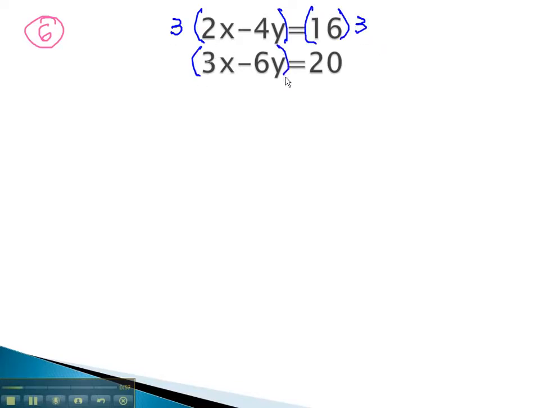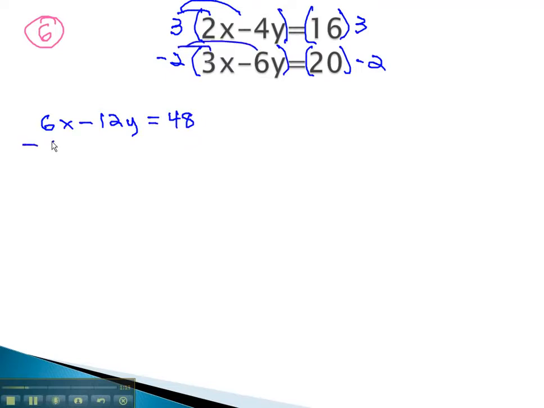To get negative 6x, we can multiply the second equation by negative 2 on both sides. As we do, we end up with 6x minus 12y equals 48 for the first equation, and negative 6x plus 12y equals negative 40 for the second equation.